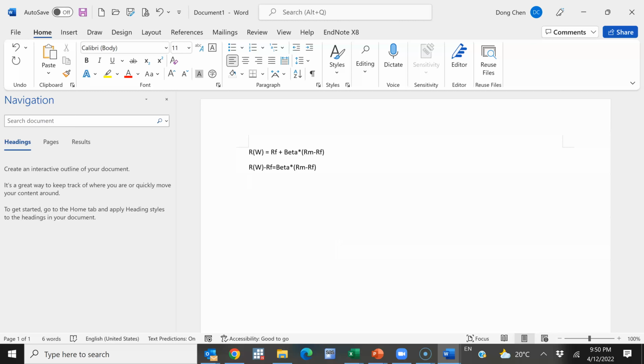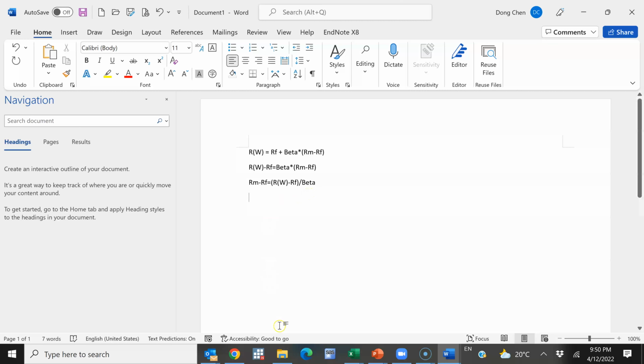And then if I divide both sides by beta and switch the sides of the equation, then that will become RM minus RF equals RW minus RF, divided by beta. And don't forget to add a parenthesis here because we want to do the subtraction before we do the division. And then I move the RF on the left-hand side of the equation to the other side. So now I can solve for it.